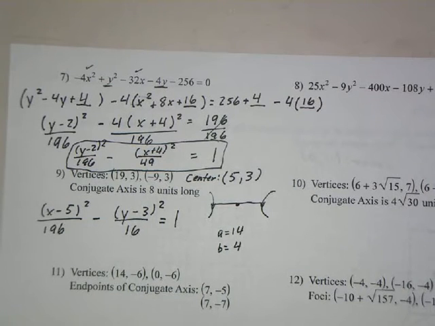What's the conjugate axis? The conjugate axis is where the B's are on the edges. It's how far out we went when we drew our box. So it's just some point in space. It really doesn't have any real meaning except it helps you draw it.